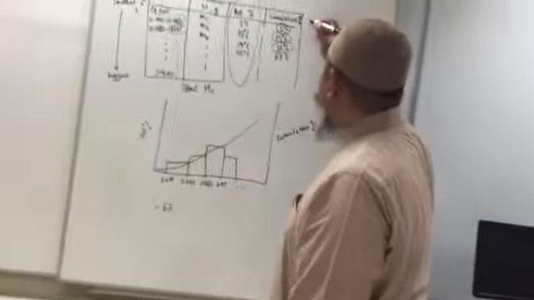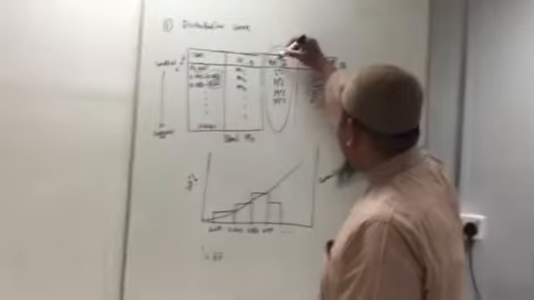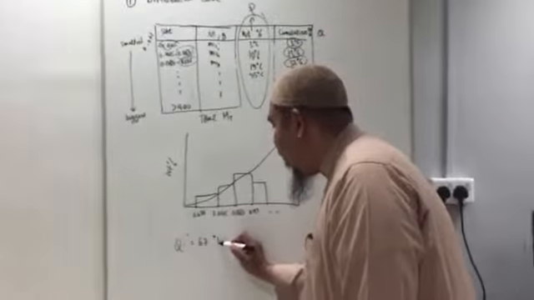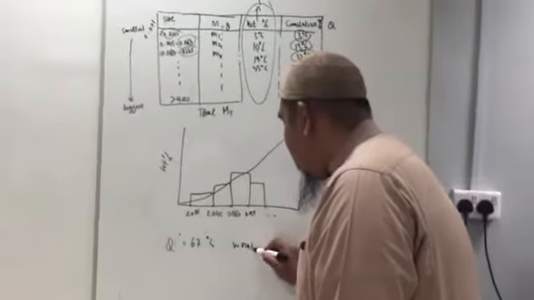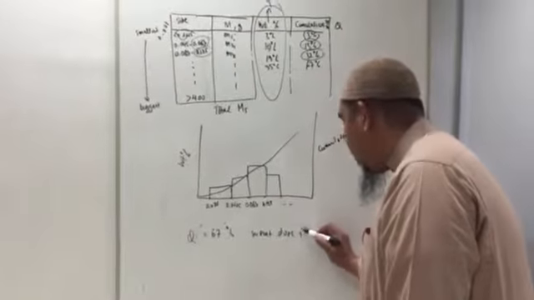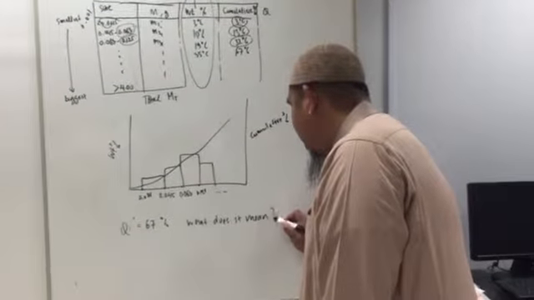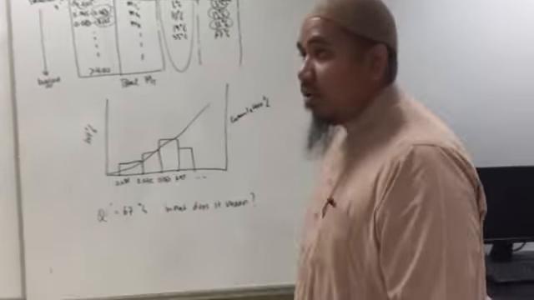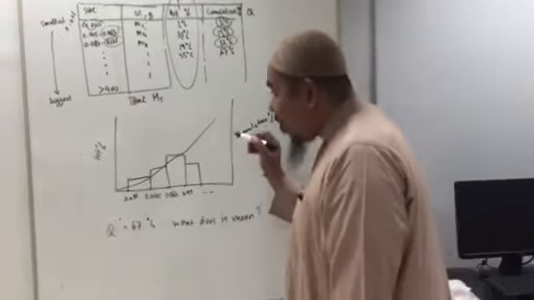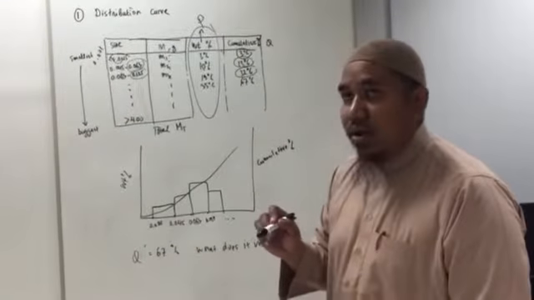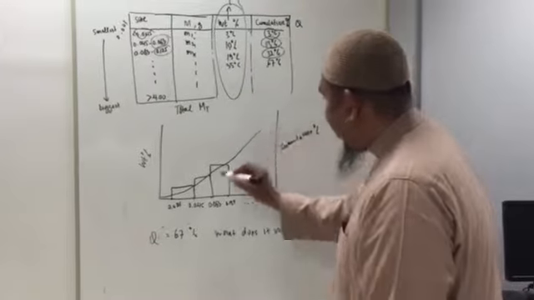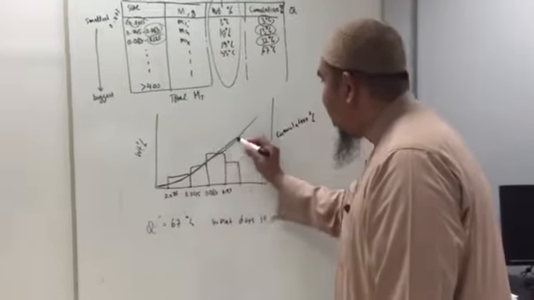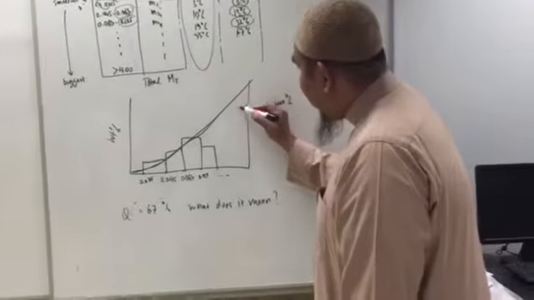Okay, so then comment on X 67. Sorry, I'll put this is Q. Yeah, this is called Q. This is called P. Q 67%. What does it mean? When Q is 67%, I want to know how you read this. Let's say after you have cumulative like this, and then you take 67%.